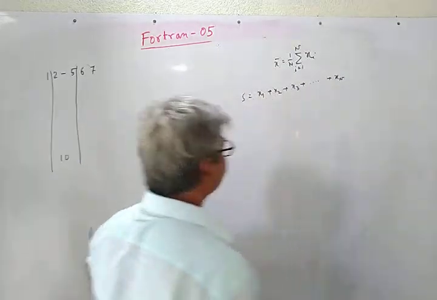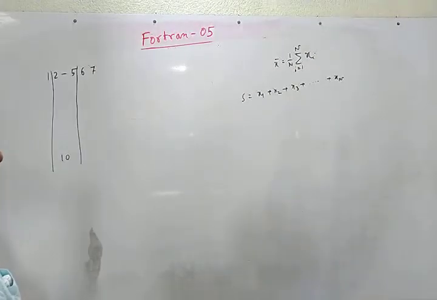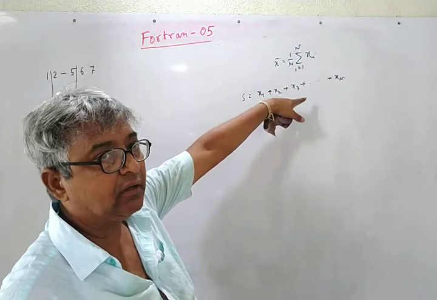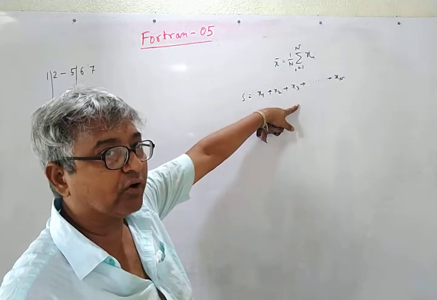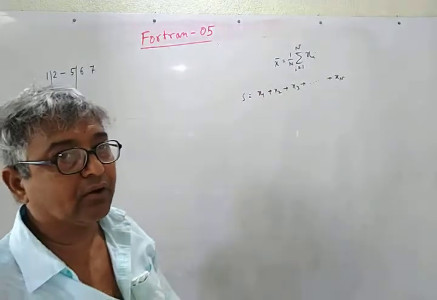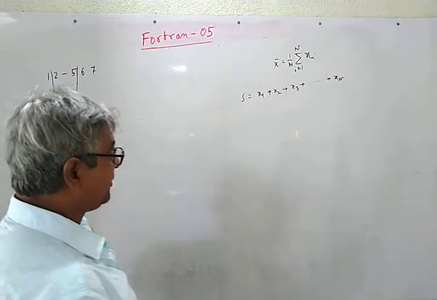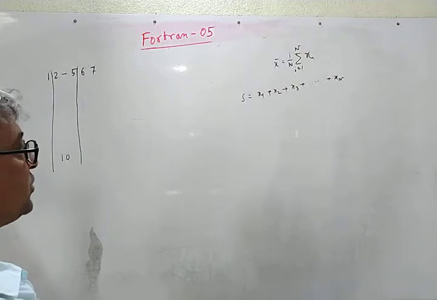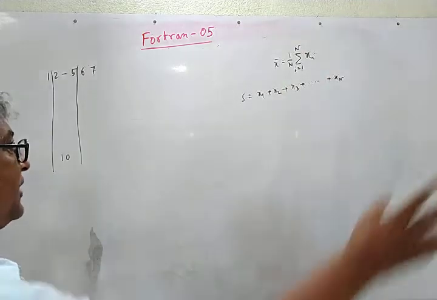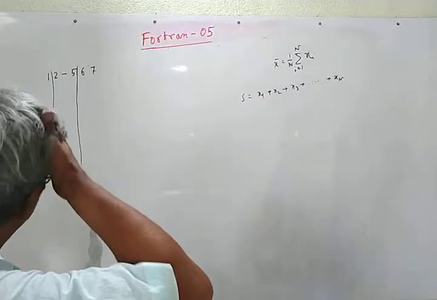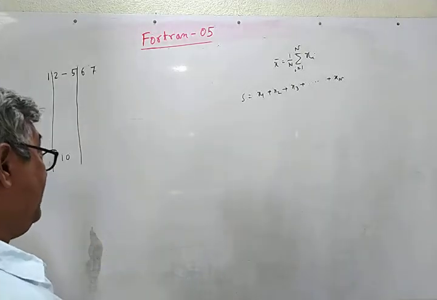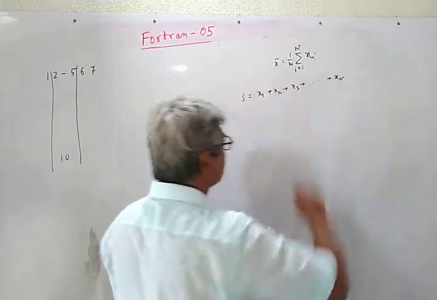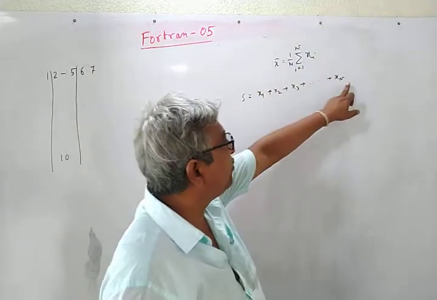This is the sum. The first thing is that if we write this sum in longhand, then there is no need of going for computer programming. The basic requirement of computer programming is that I provide clear instructions to the computer, and the laborious or time-consuming part will be done by the computer. So if I go on writing this, the first problem is: what is the value of n?